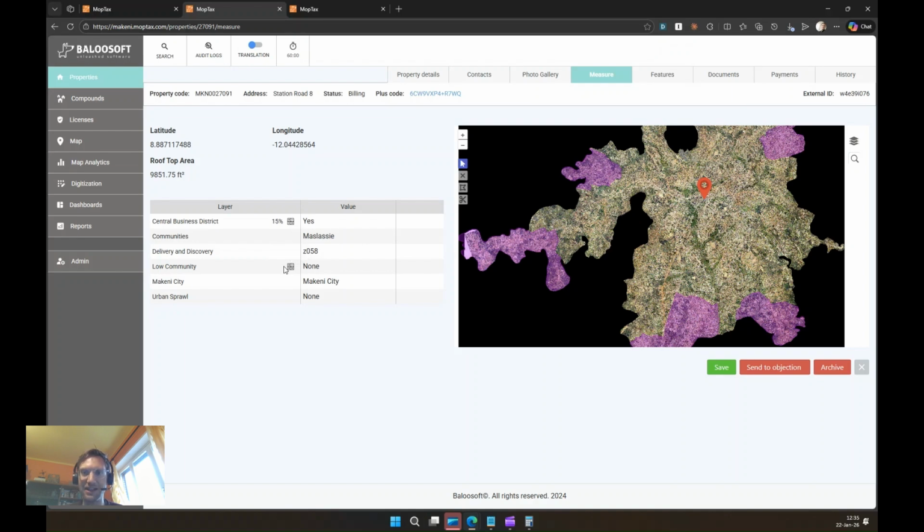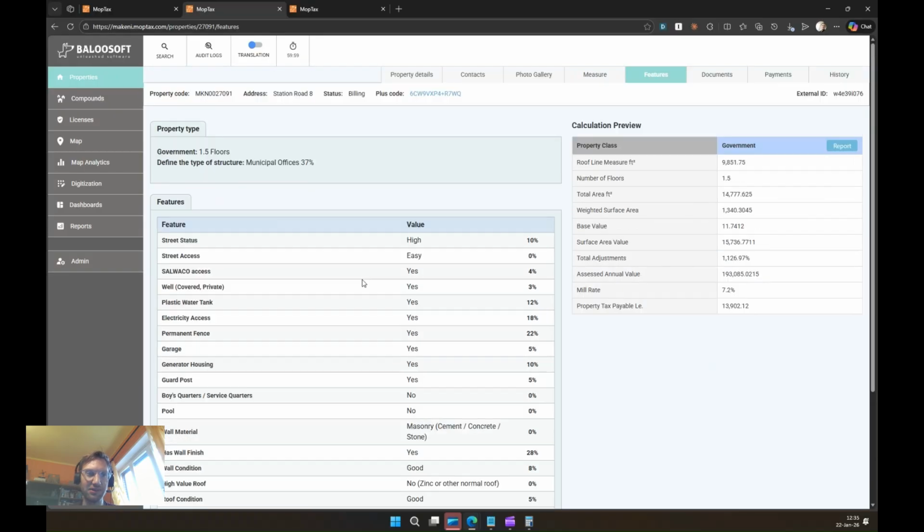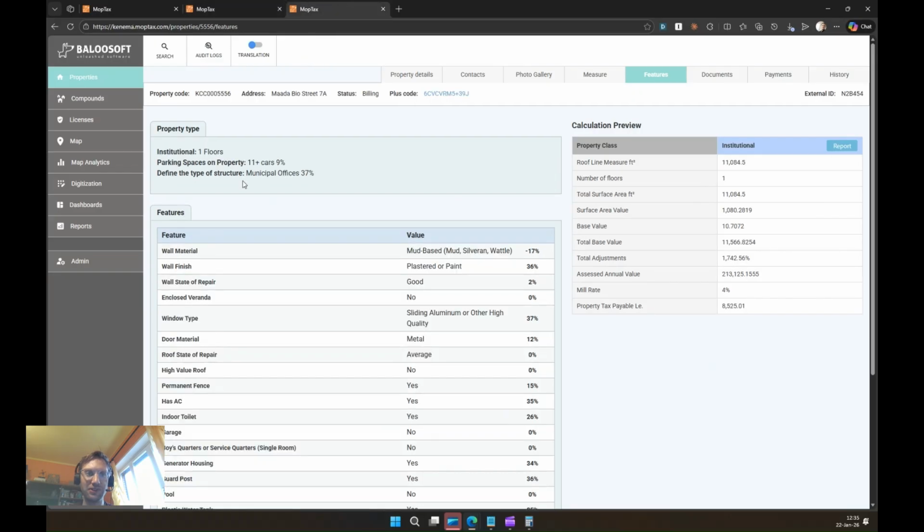All right. So there are three places to see the weights for your properties. The one place is in the features list. The other place is in the property type, which includes both the structure type and any special weights that only apply to some structure types or some property types.